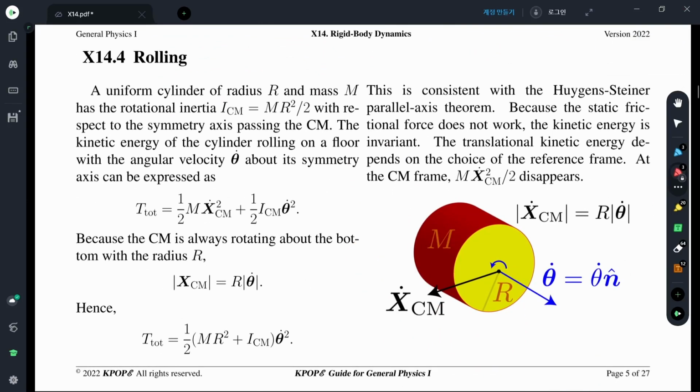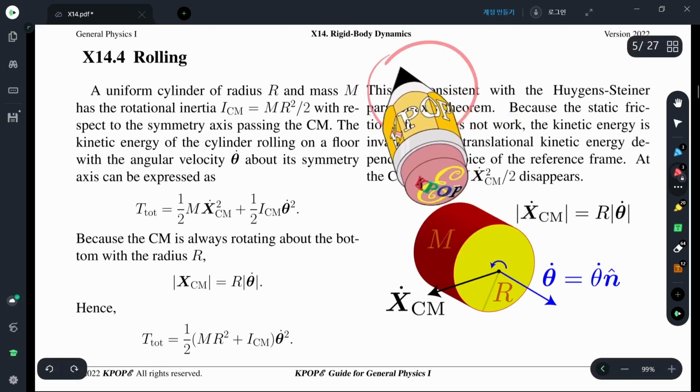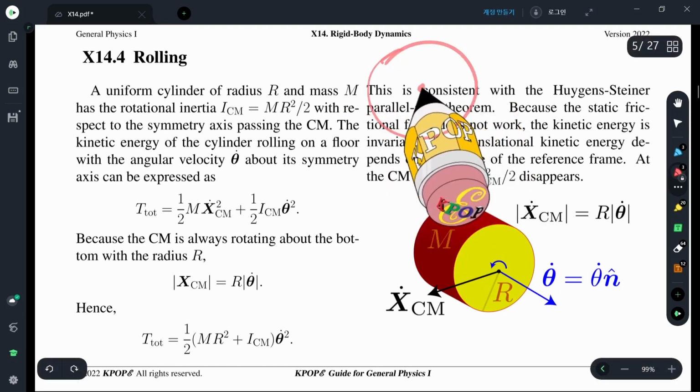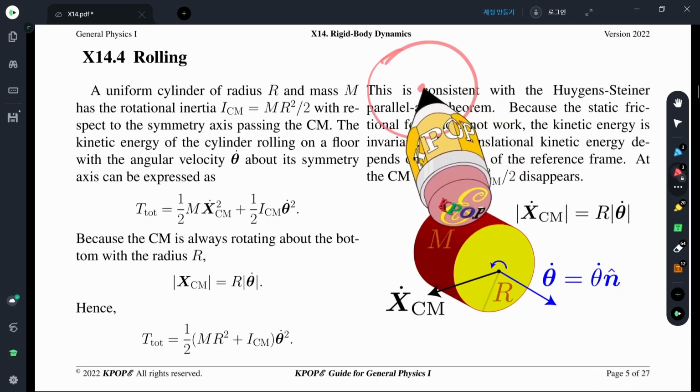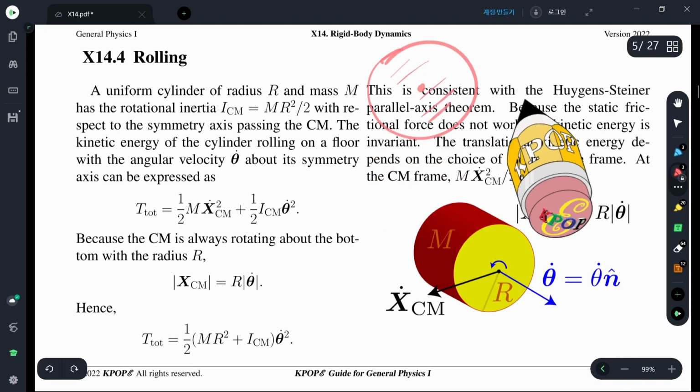Next, we consider the rolling motion of either a disk or a cylinder. Anyway, the motion of a disk can be described if we write down the total kinetic energy.